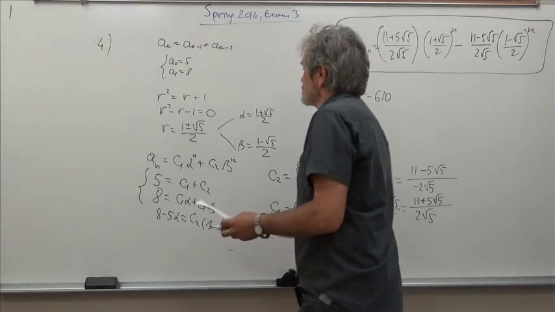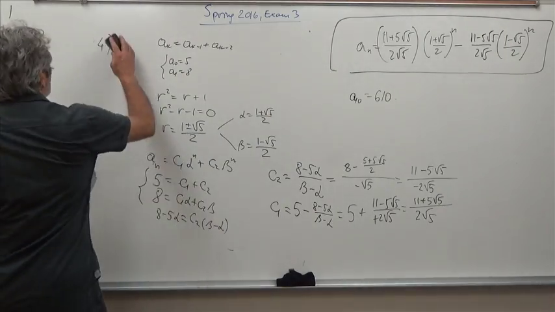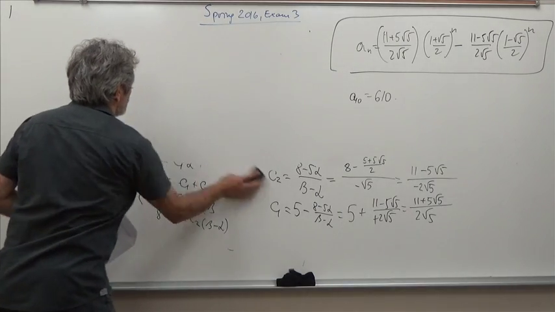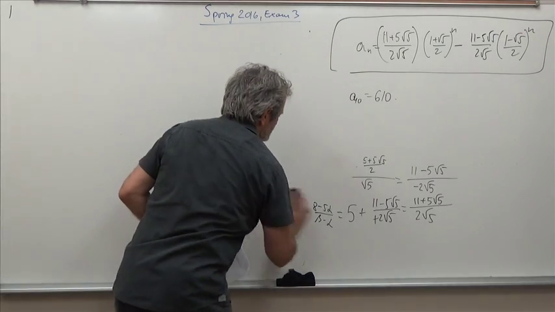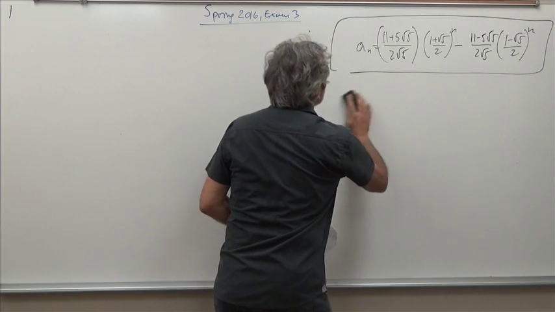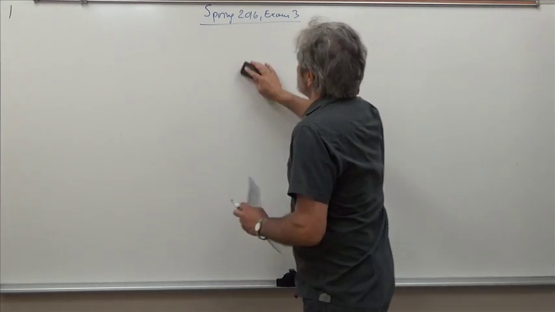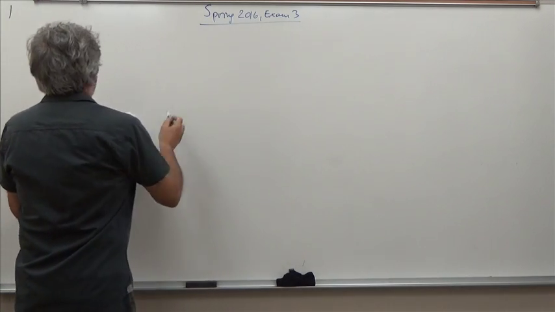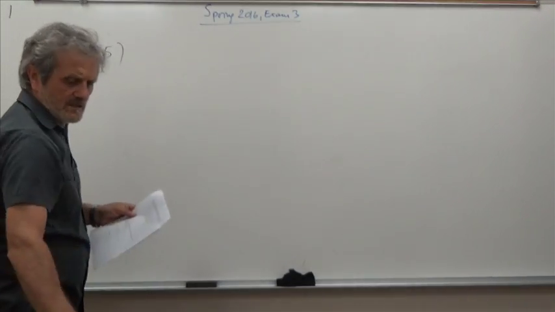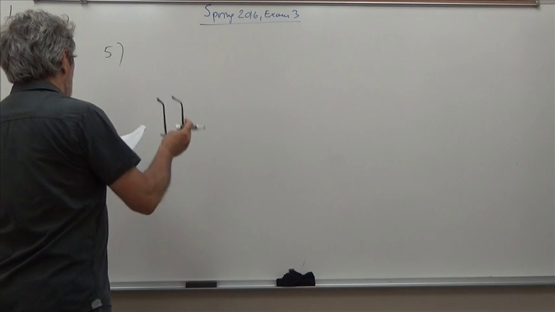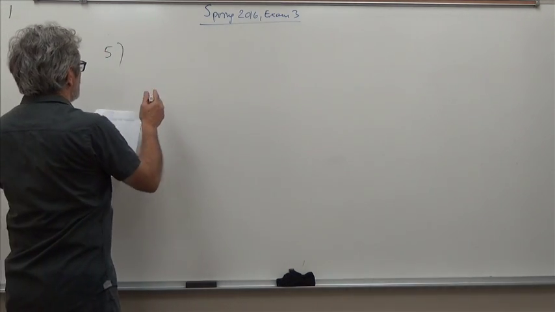All right, next question. Question number 5. It says a ball is dropped from the height of 20 feet.